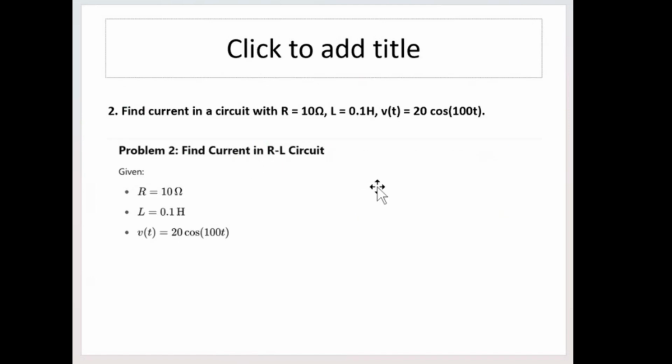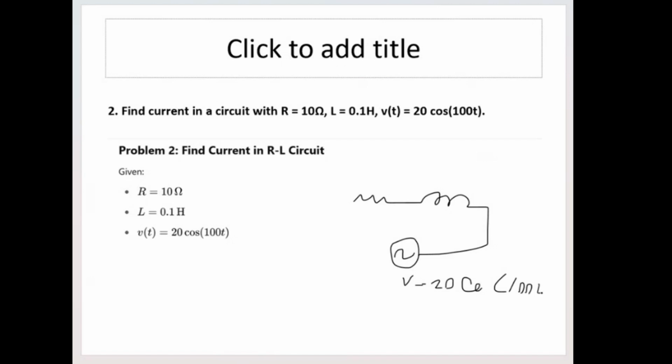Okay, this is the second problem. Once again, I would like you to pause the video here, try to solve it, and then look at the solution. Essentially, we have an RL circuit, okay? There is a resistor and an inductor, and I have this AC voltage source of 20 cosine of 100t.